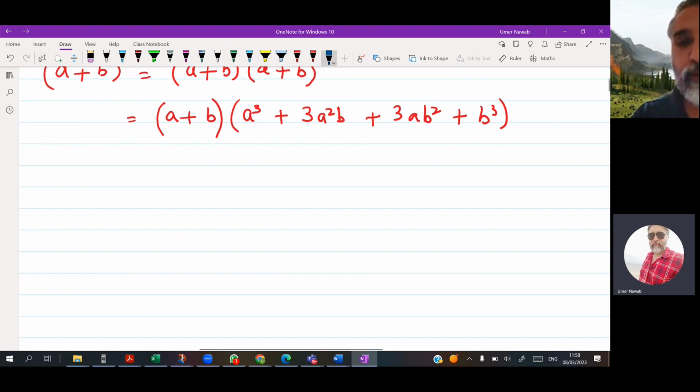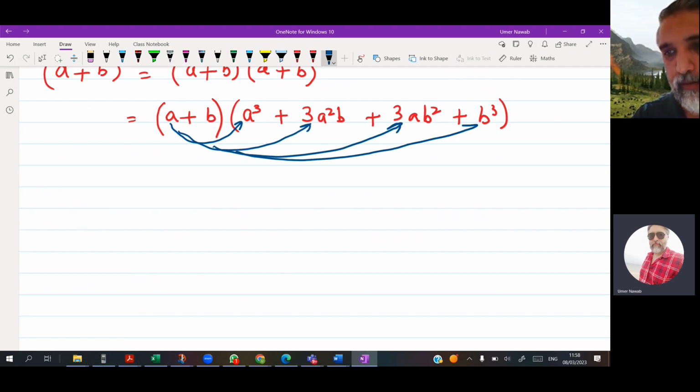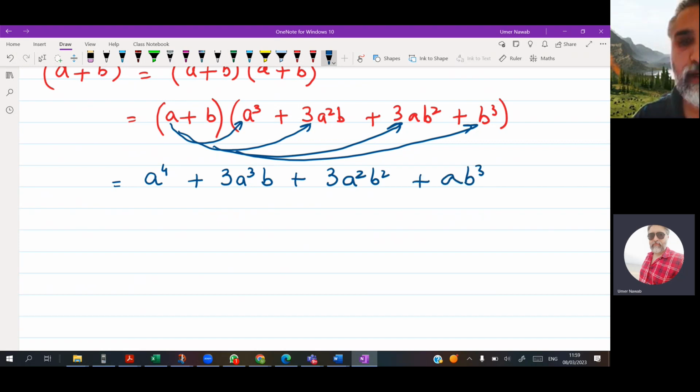Now I want to do the expansion, guys. Apply the distributive property. Let's see what I'm gonna get. A power 4 plus 3a power 3b plus 3a squared b squared plus a b power 3.